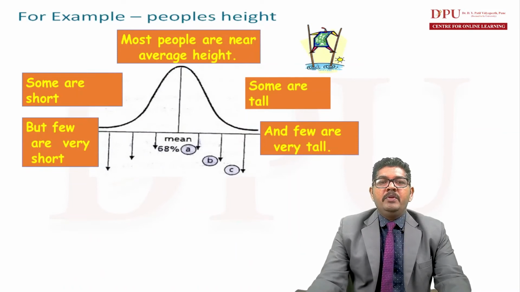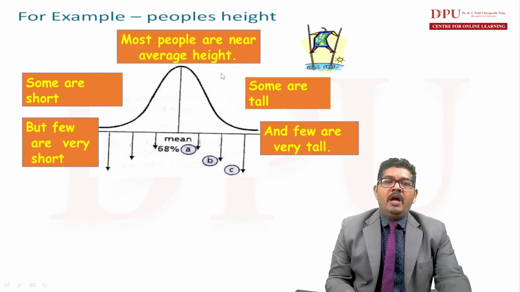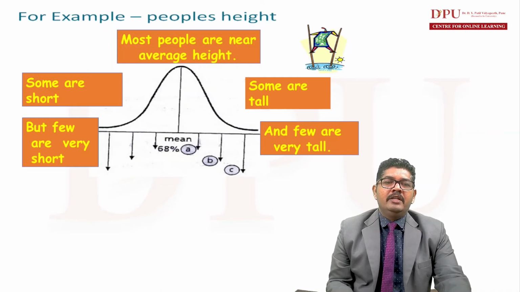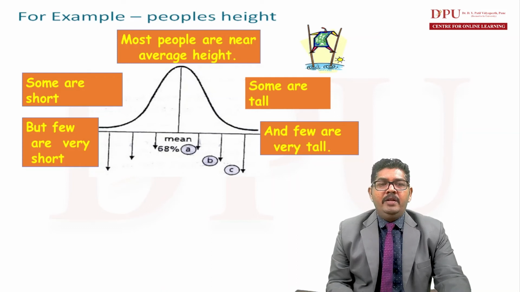So for example, people's height. People's height is a natural variable, and all natural variables observe normal distribution, they are normally distributed. So most people are near the average. Most people will have a height near 6 feet, and there will be very few people who have a height less than 3 feet, or a height more than 7 or 8 feet, right?